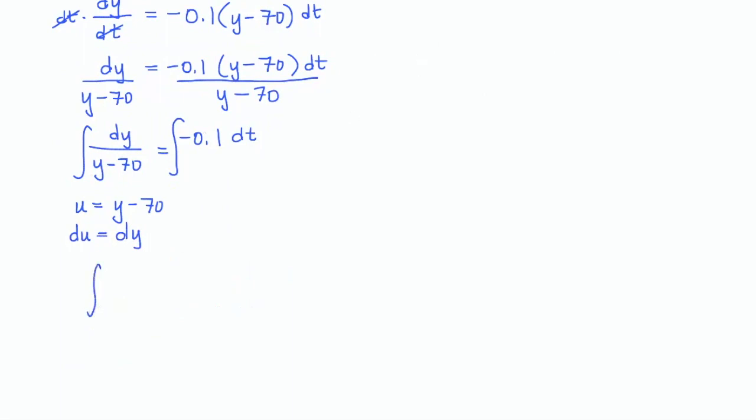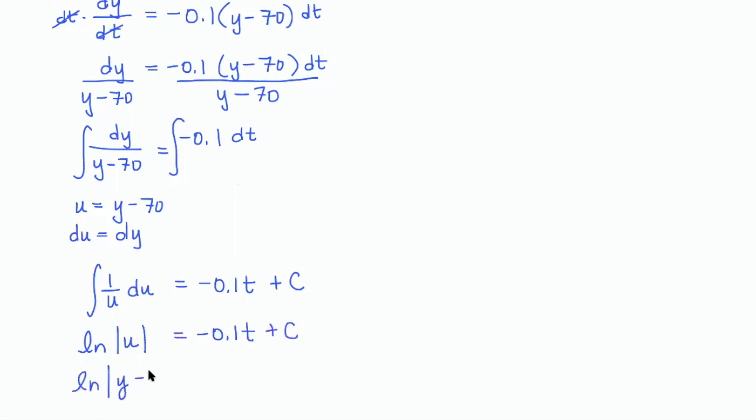I have the integral of 1 over u du will equal negative 0.1 t, and I'll opt to put my constant on the right. The integral of 1 over u is the natural log of the absolute value of u. And remember, u was y minus 70.